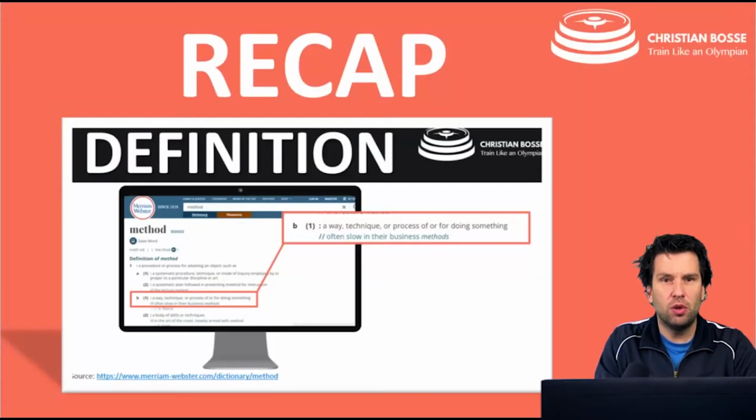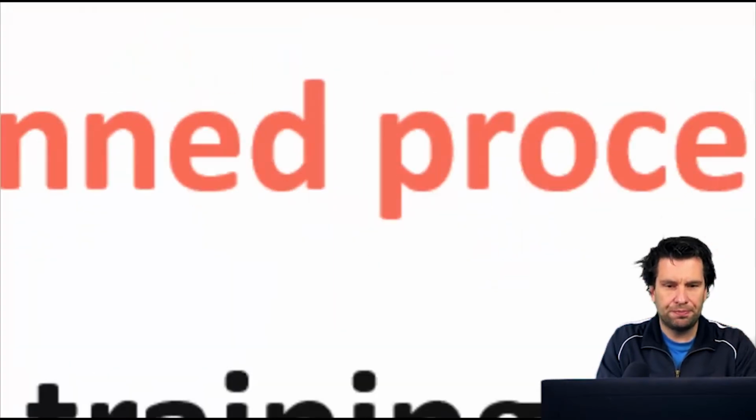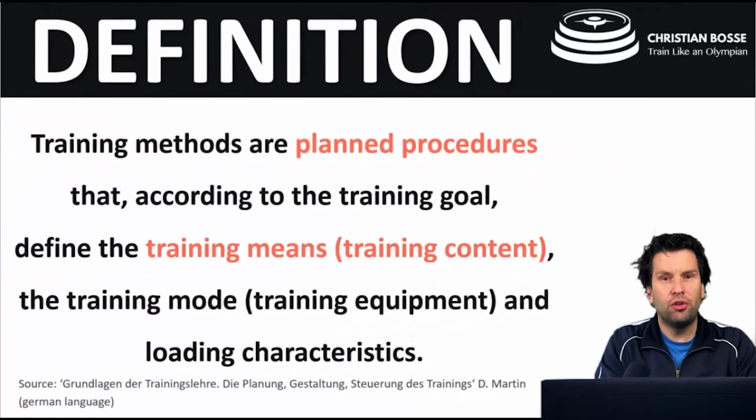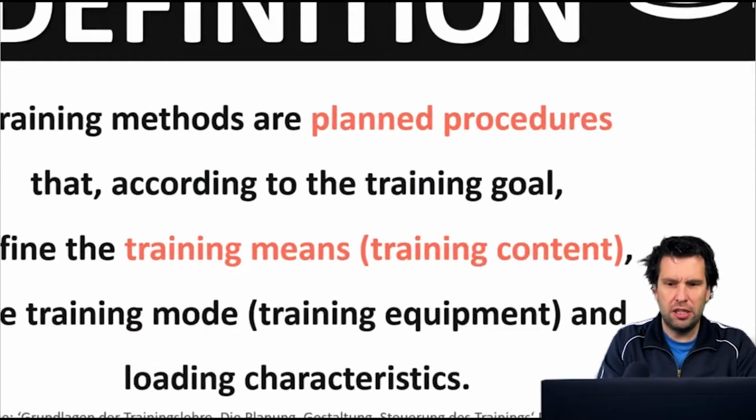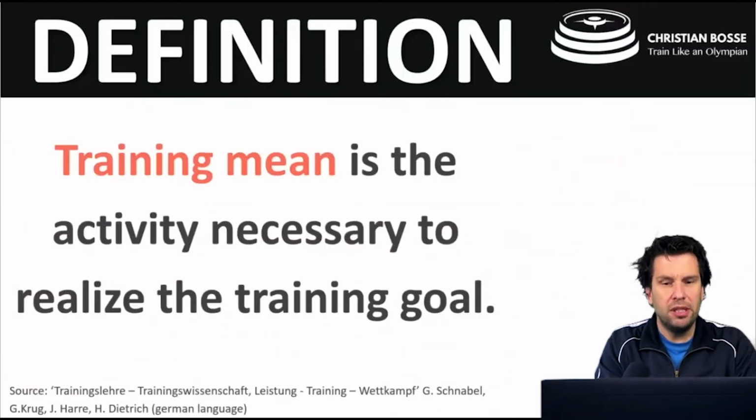Again, this is what we just said, right? A method is a way or a process of doing something. But then it also says training means. A training mean is the activity necessary to realize a training goal.